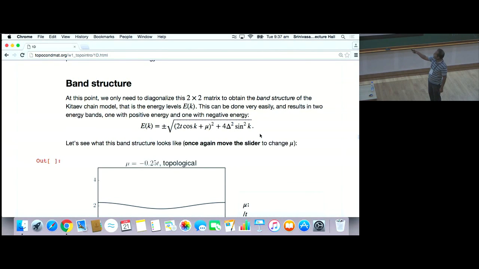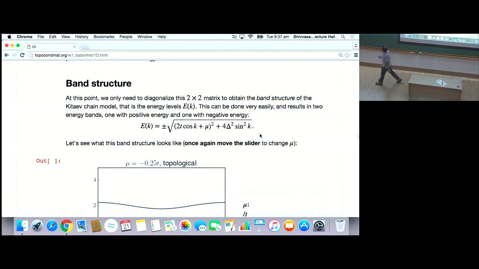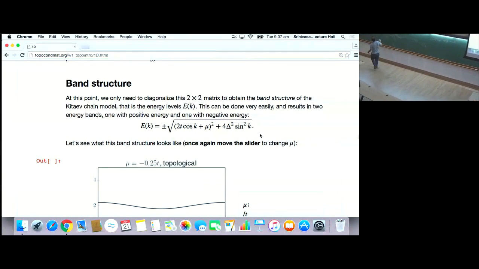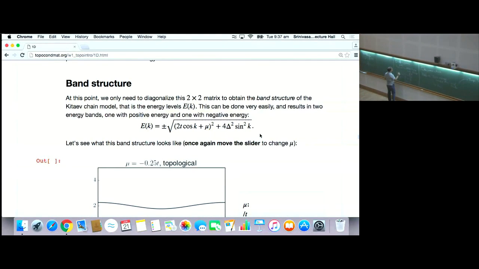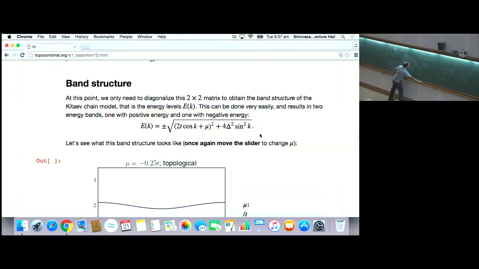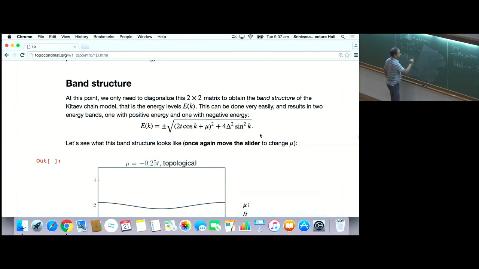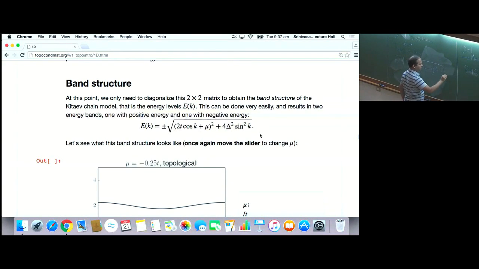This is an analytic form. For d equals 1, the topological bulk invariant: E of k is plus or minus the square root of (2t cosine k minus mu) squared plus delta squared sine squared k.